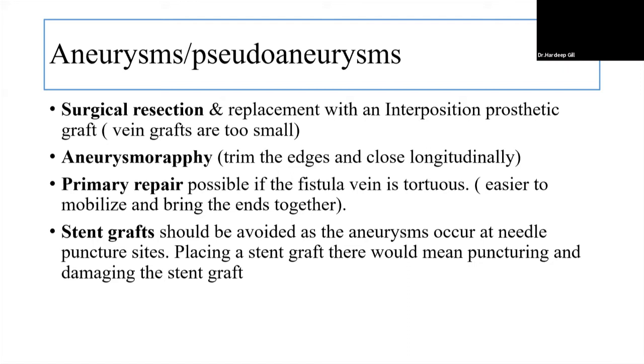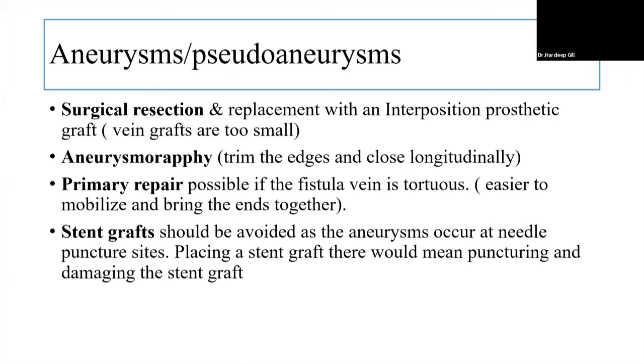Endovascular treatment doesn't really have a role in aneurysm and pseudoaneurysm management because the aneurysms occur at needle puncture sites. So if you put a stent graft there, a stent graft is a covered stent. There's a material that covers it. It's not a bare metal stent.